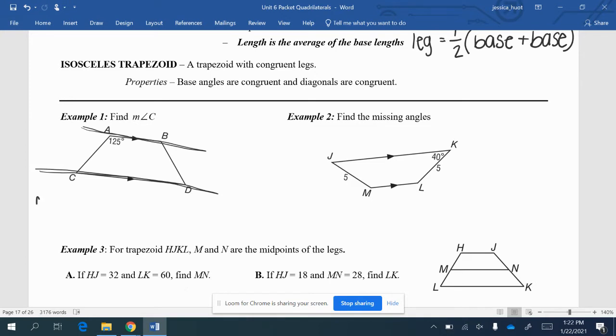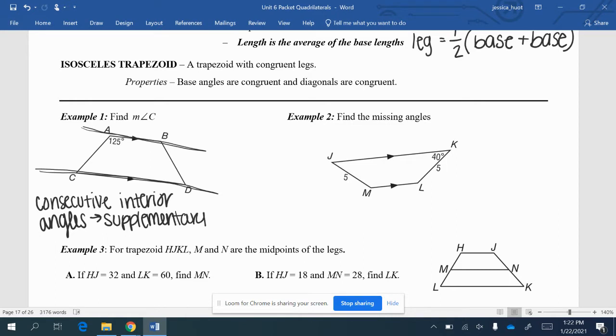So these are the consecutive interior angles, so they are going to be supplementary. So if I take 180 and subtract 125, I will receive 55, which means the measure of angle C is 55 degrees.